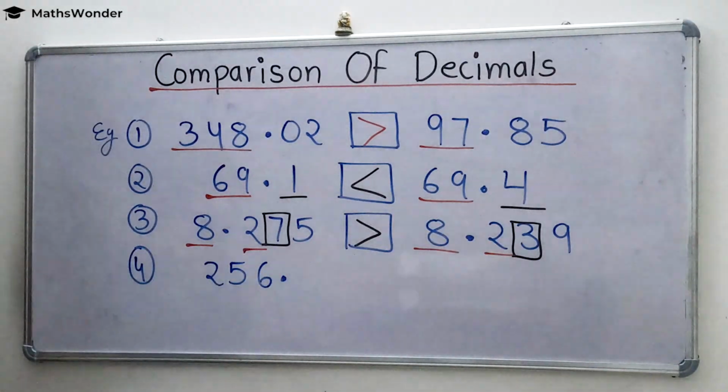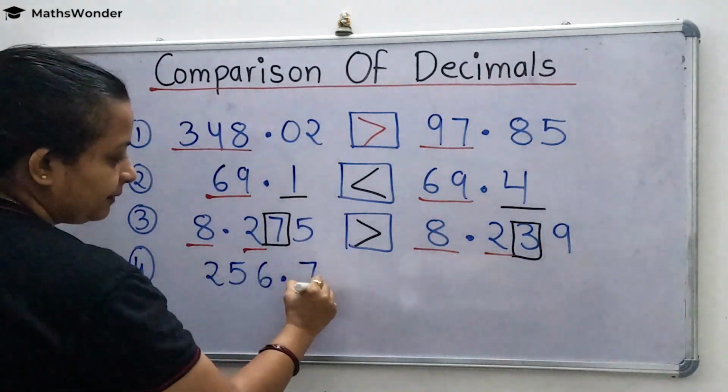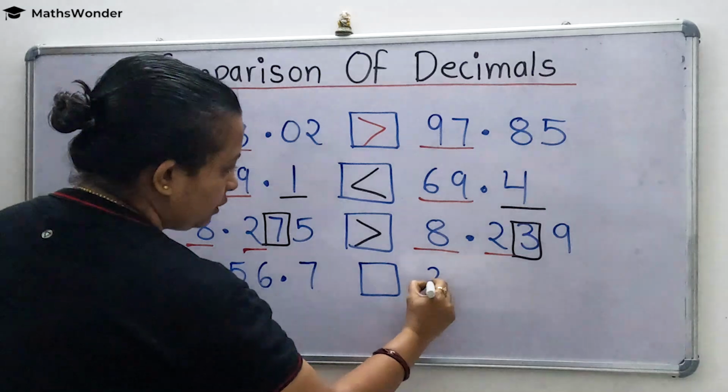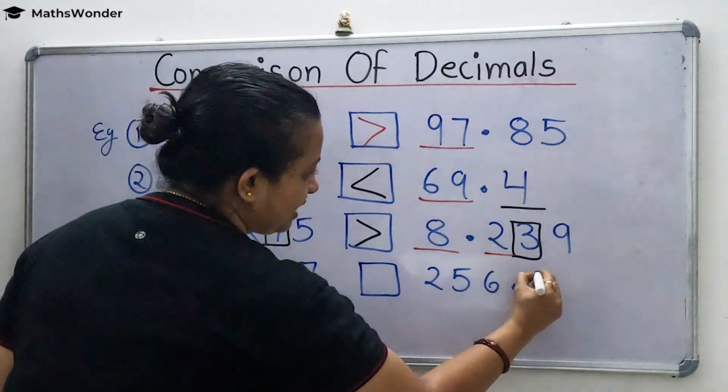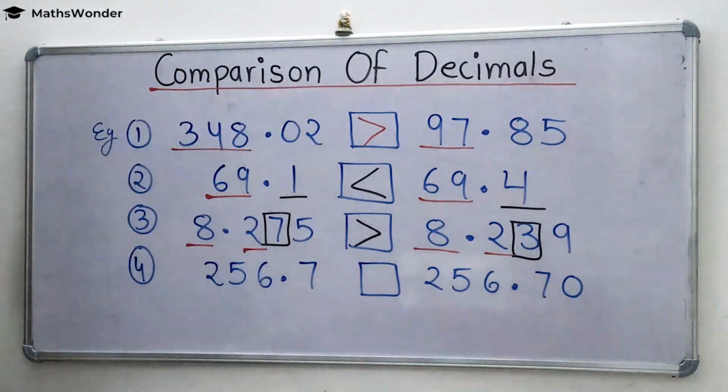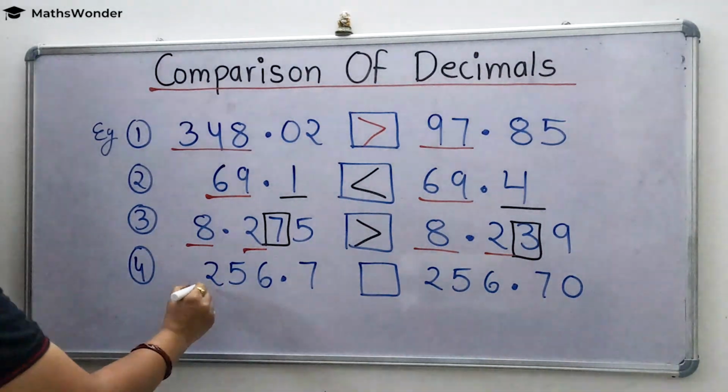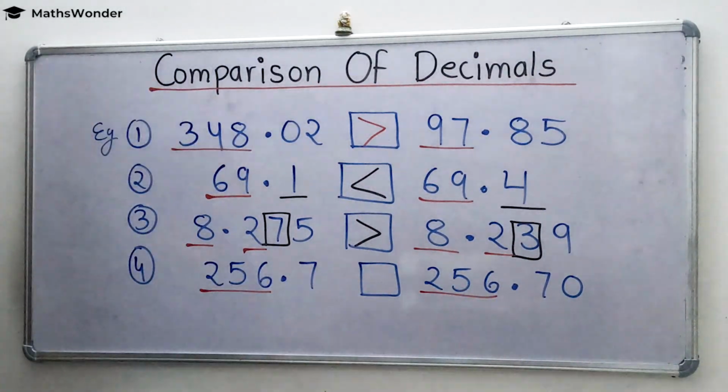Suppose 256.7 and the other side is 256.70. Now check which is the greater one. First you will check the whole number. We can see the whole number is the same, right? Now we'll move to the decimal place, as we have learned with equivalent decimals. What is the meaning of equivalent? Equal value.